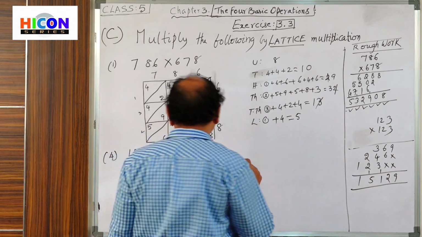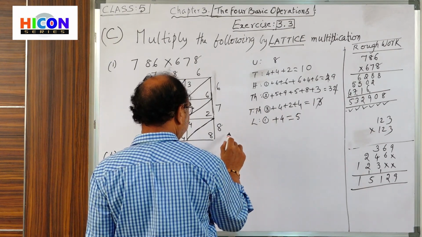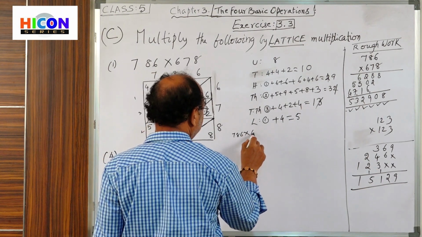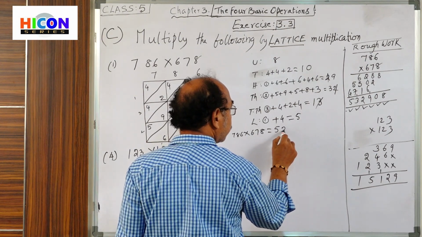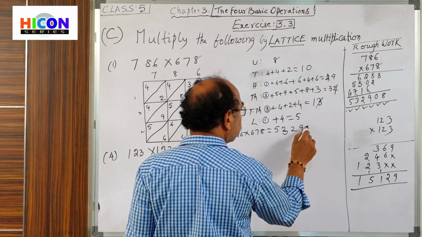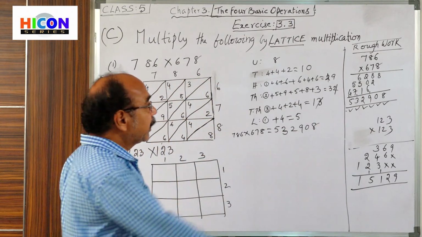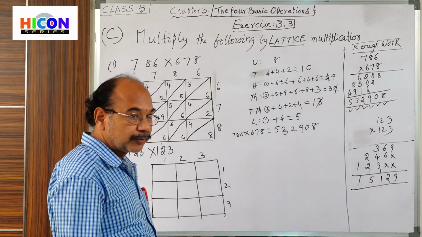Okay, children? Finally we can write the answer. Therefore 786 into 678 is equal to 532532908.